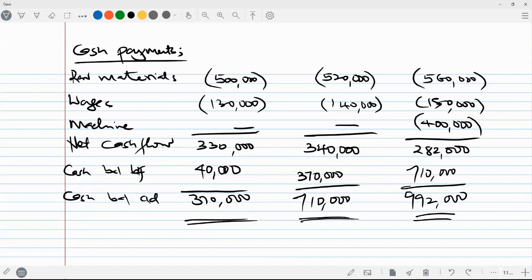Clear? Yeah. So what you have to be careful is simply get to know when the amount is going to be received, when the amount is going to be paid for. That's what you have to be careful. You're using the cash basis, not the accruals basis. And of course, as you can see, the examiner is going to be presenting this on the accruals basis. So it's upon you to be careful. You don't use what the examiner is presenting.